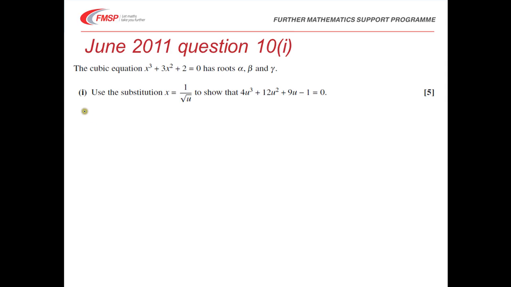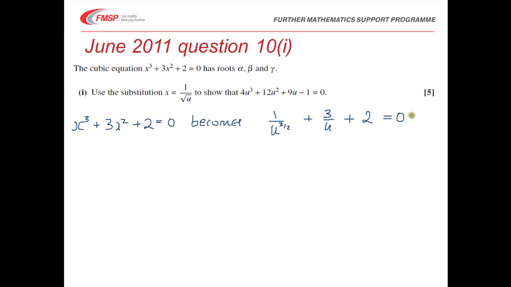So that means that our equation x cubed plus 3x squared plus 2 equals 0 is going to become 1 over, now the square root is a half and we're cubing it, so that's 1 over u to the 3 over 2, plus 3x squared, so x squared is going to be 1 over u, so that's 3 over u, plus 2 equals 0.